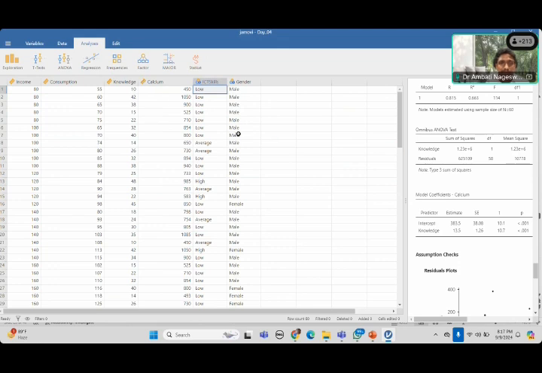Now, in order to conduct the chi-square test, that is the test of independence, go to Analyze, Frequencies, and select independent samples. This is nothing but the chi-square test of association or chi-square test of independence.